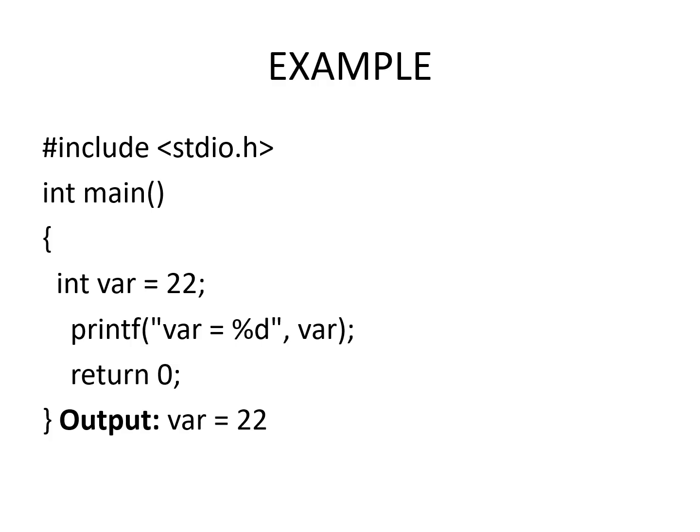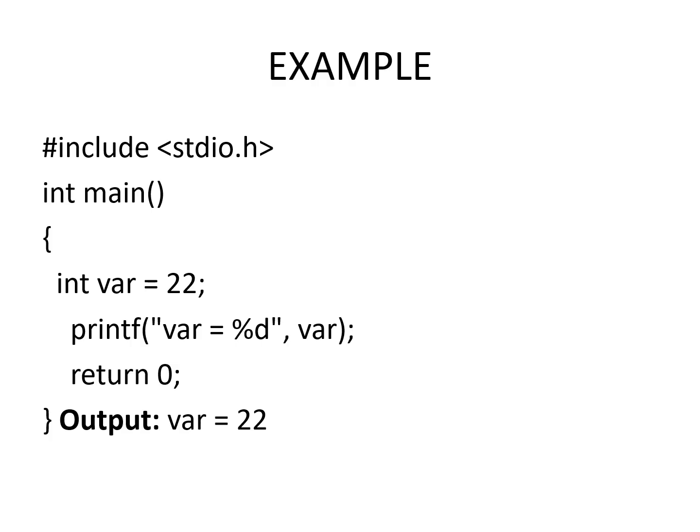Next, the open curly brace is the syntax of the main program. Int is a keyword, a data type. var is a variable name, and equal to assigns the integer value 22 to the variable.